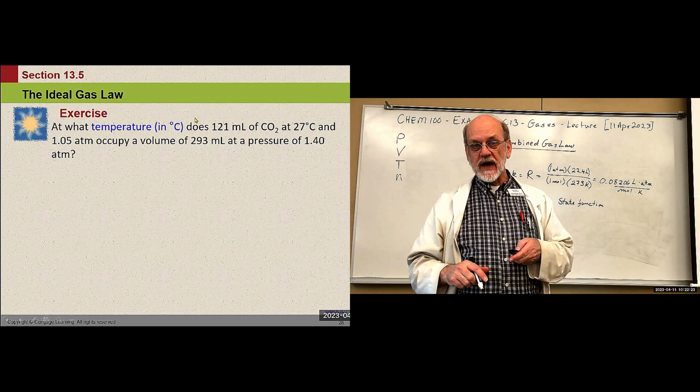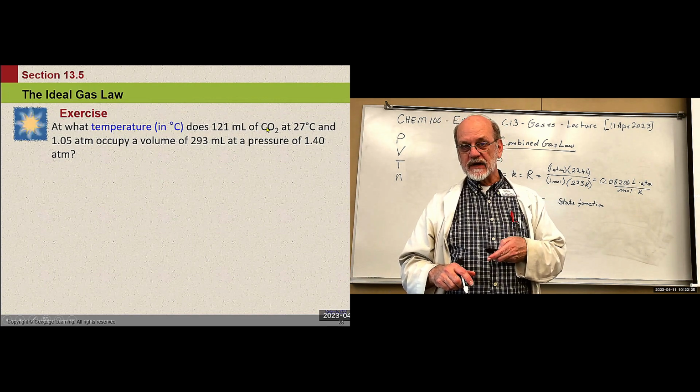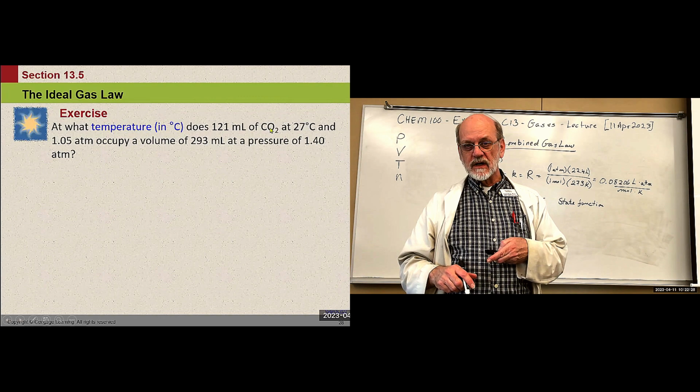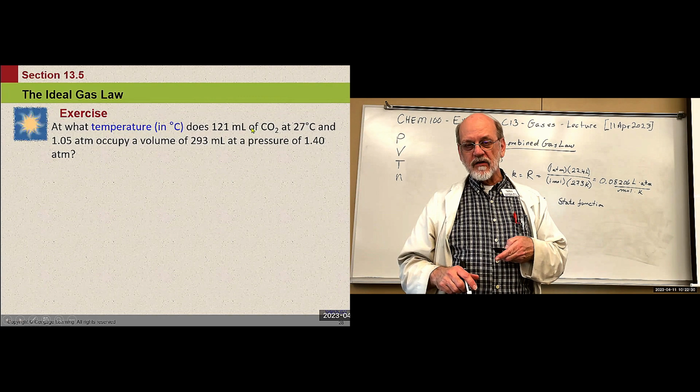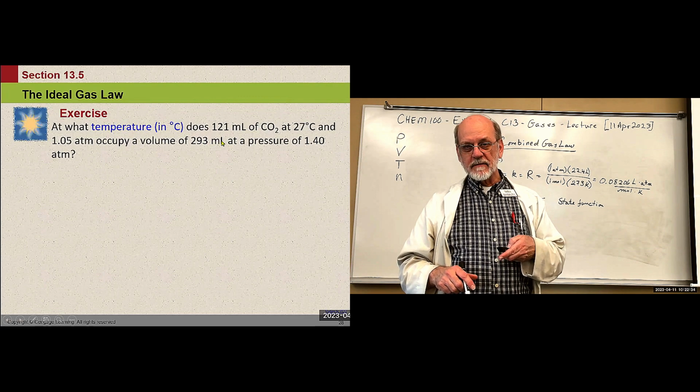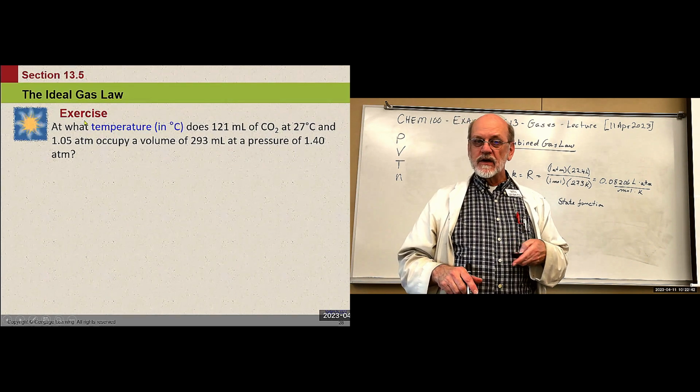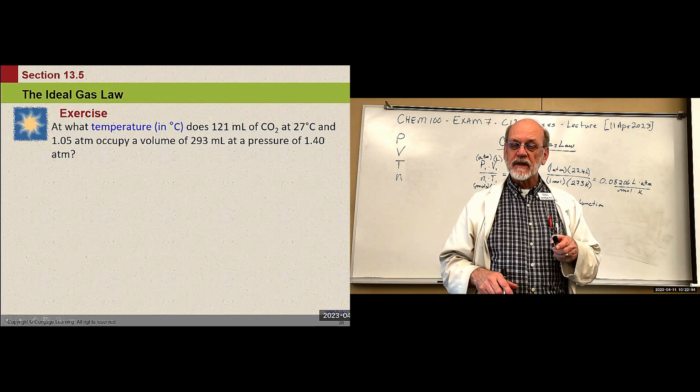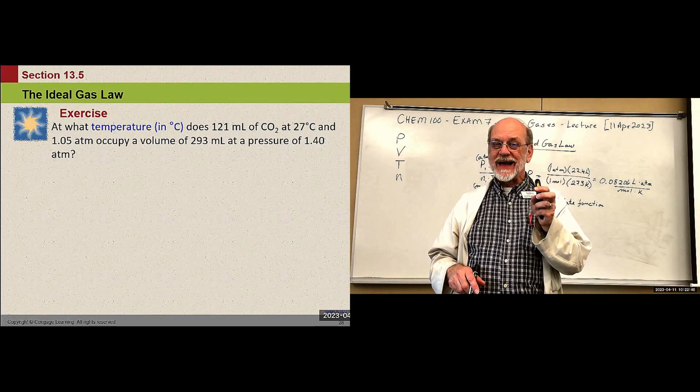Notice you've got a starting milliliters of CO2, and you have an ending milliliters. You have atmosphere going from this value to that value. So this problem uses the combined equation.